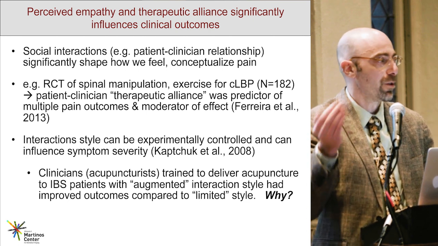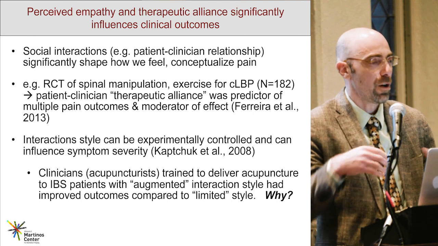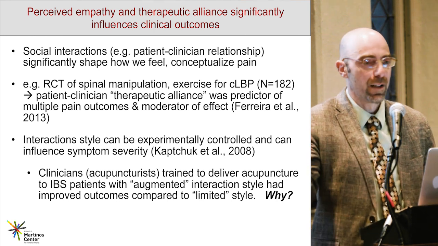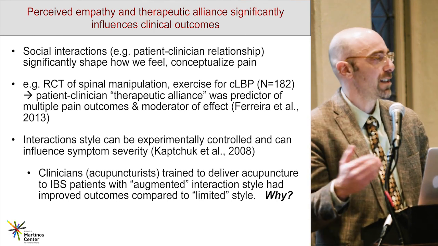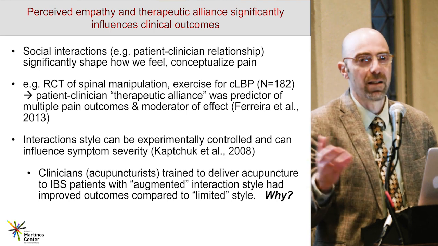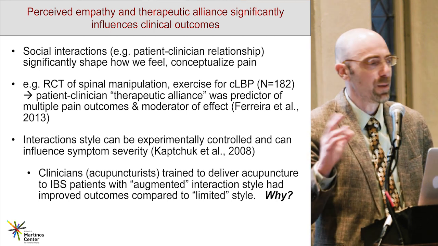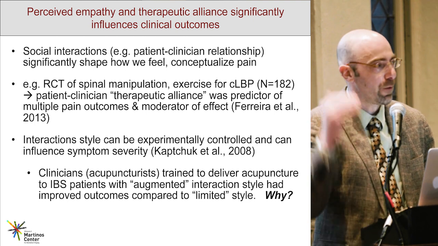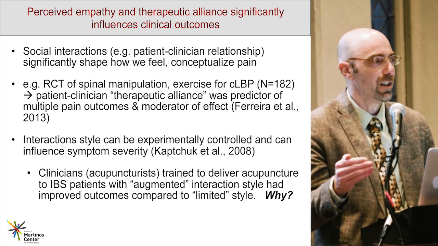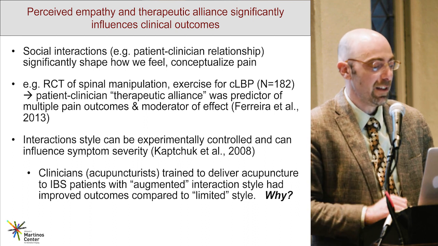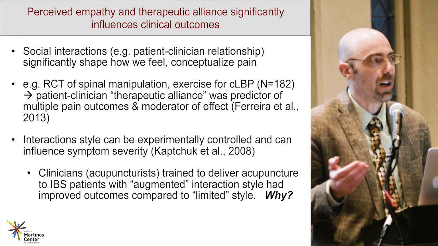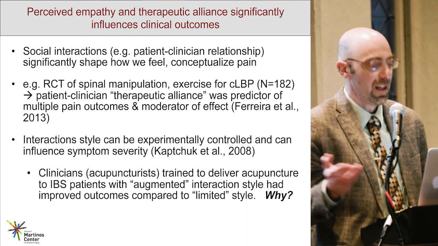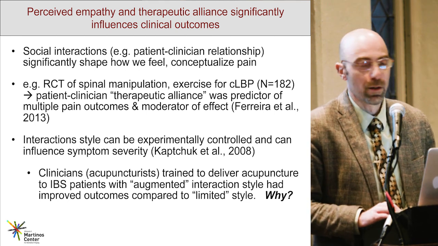In some cases, the acupuncturist was communicating with the patient with an augmented style, going through a lot of different components, asking them about their life, asking them about their pain and how it impacts all kinds of different aspects of their health, versus a limited style where it's like, just the facts, ma'am, I'm just here to put in the needles, and there you go. And they found that the augmented style led to better clinical outcomes than the limited style for irritable bowel syndrome.